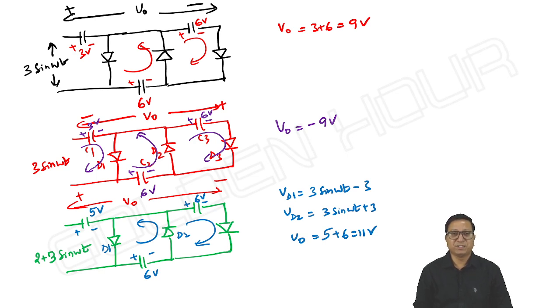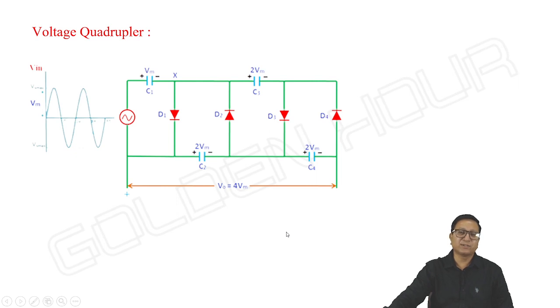Anything is possible. The students should be very careful in looking at this kind of questions: what are the polarities of the voltage they have mentioned, and what is the exact input they give. Once you understand the positive and negative clampers, just like that, we can analyze the circuits.